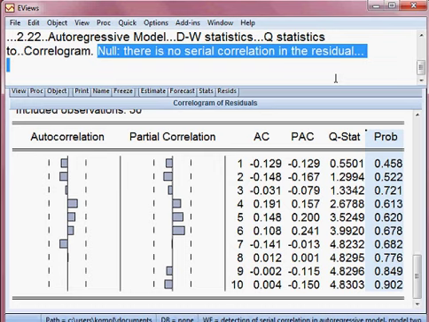We are happy about it, because only if there is no serial correlation can we accept the model for prediction. And here there is no serial correlation.